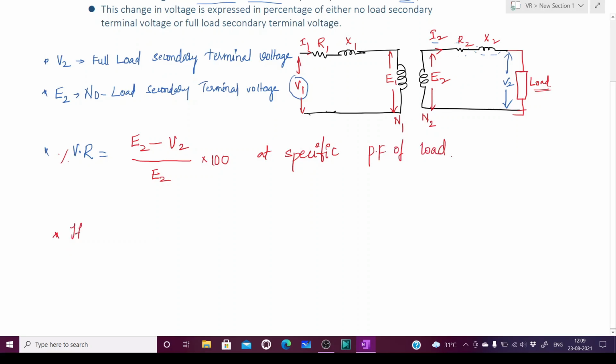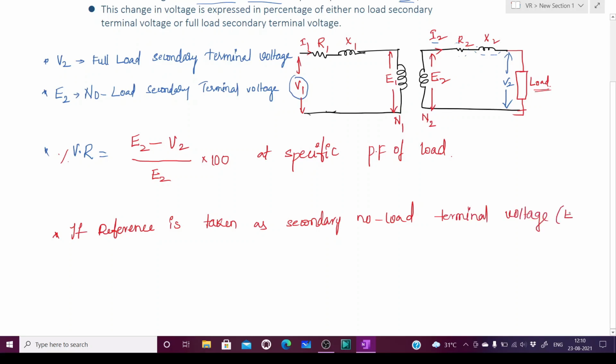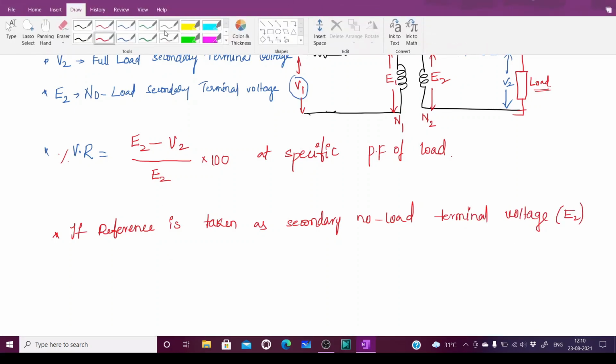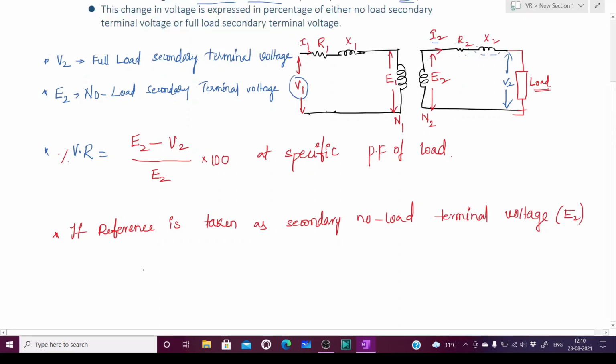If the reference is taken as the secondary no load terminal voltage, that is E2, that is if the denominator is E2, the expression is called regulation down.